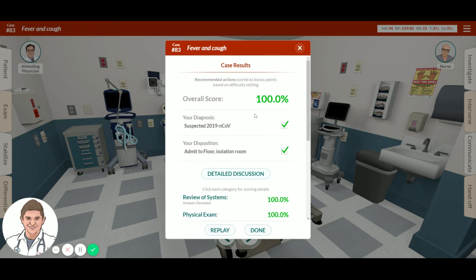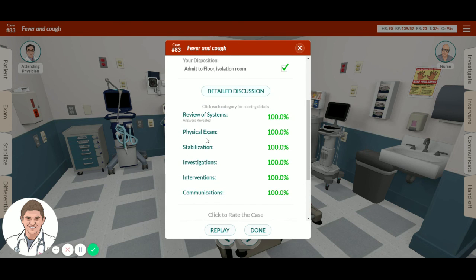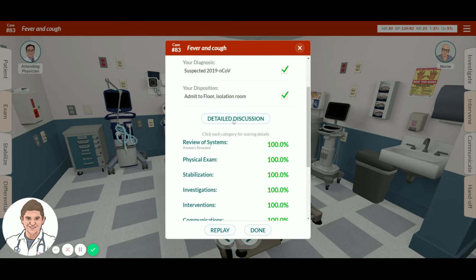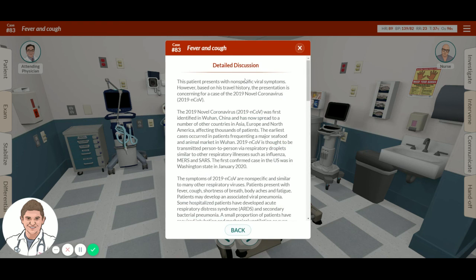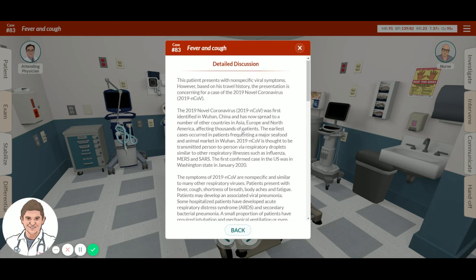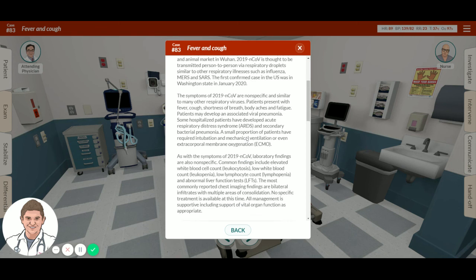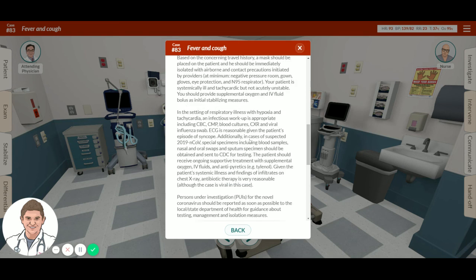We walked through a lot of the logic already. You could do this for each category. And detailed discussion, then don't forget as well, this is going to give you your breakdown, learn about the diagnosis, how you manage your patient, and some of the context of this.